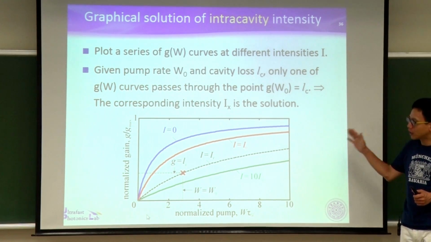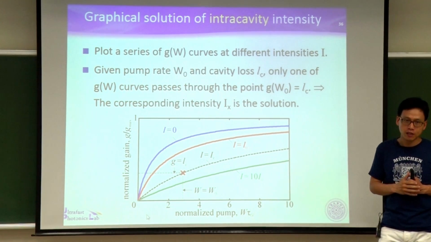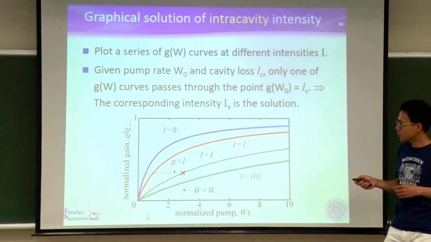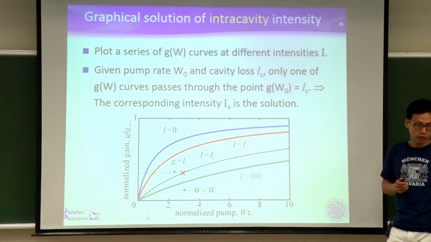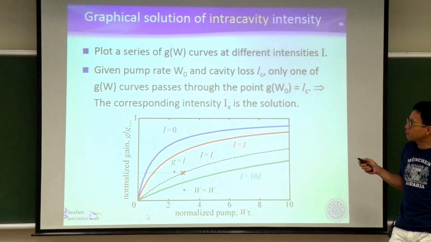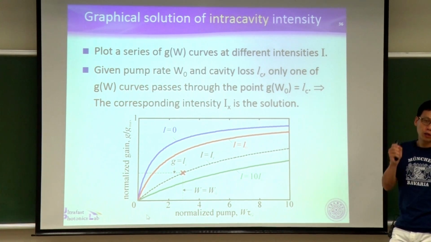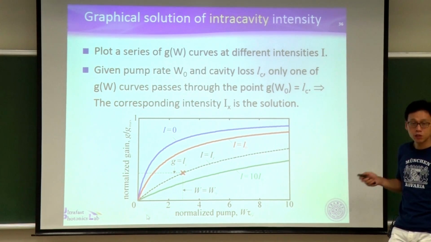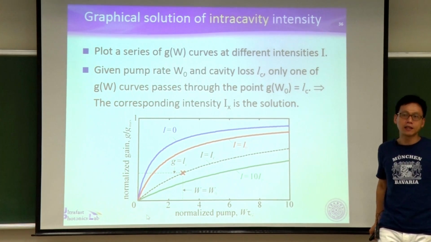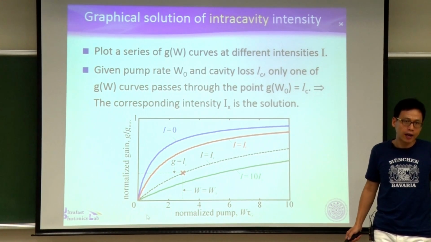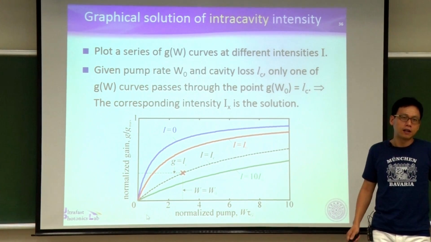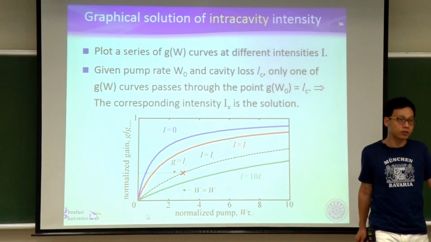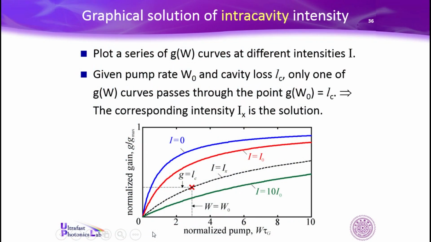Step 1, plot a series of gain curves. Step 2, locate your position on the plot by the 2 parameters, the given pump rate and the given cavity loss. Then only one of the gain curves happens to pass through this point. And the corresponding light intensity is the solution. Ix is the steady state intensity under this condition. Okay?